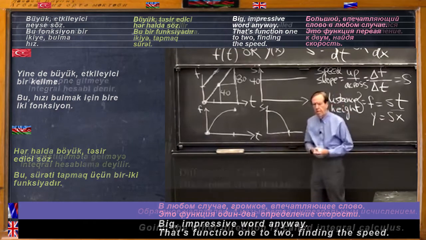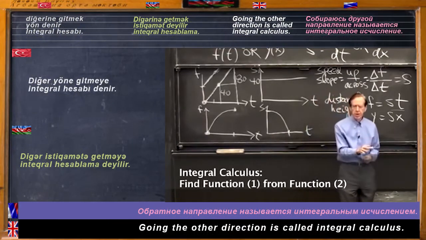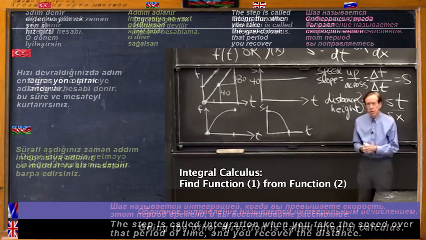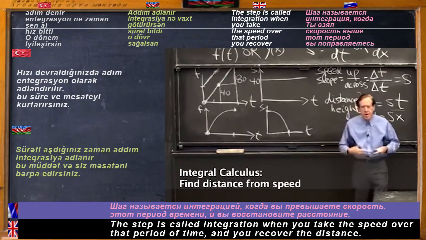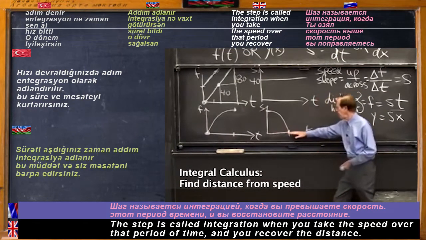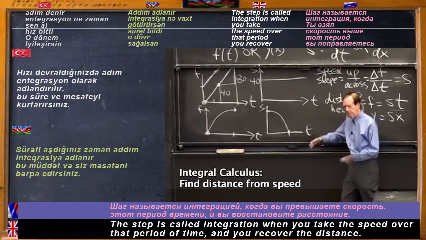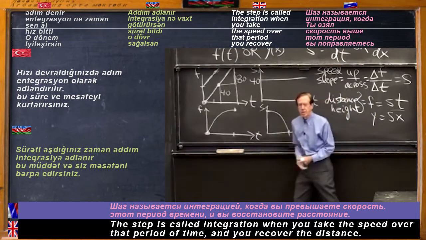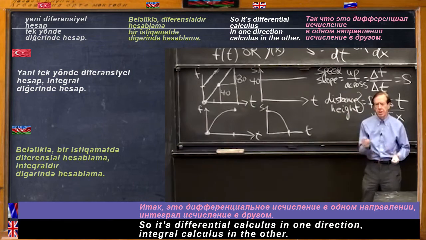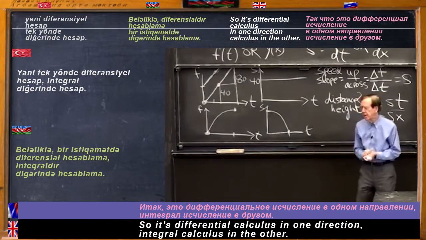Finding the speed. Going the other direction is called integral calculus. The step is called integration, when you take the speed over that period of time and you recover the distance. So it's differential calculus in one direction, integral calculus in the other.